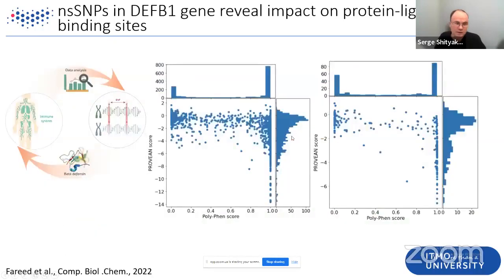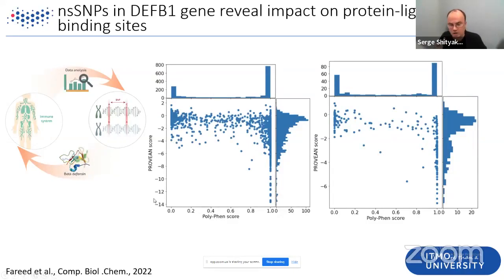By using some computational algorithms, we were trying to investigate what are the mutations, what are the SNPs, what are the non-synonymous mutations within these proteins, and how these mutations are important to make the protein more or less susceptible, with higher or lower affinity, to interact with the lipids of the bacterial cell wall.